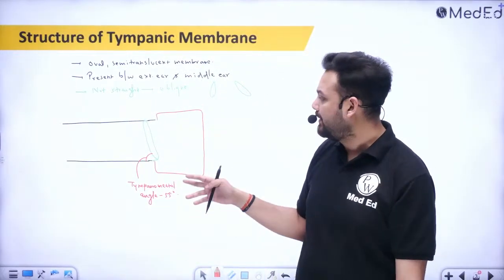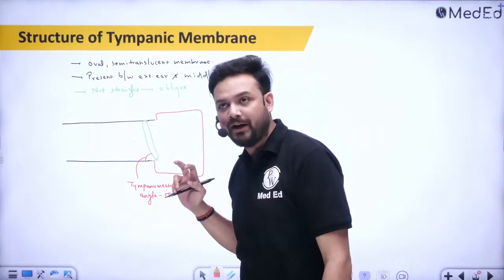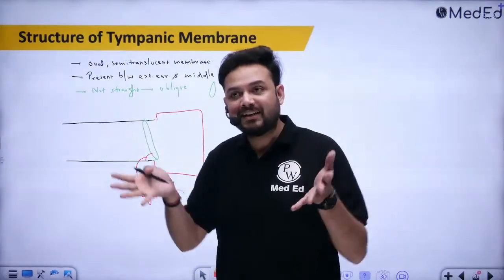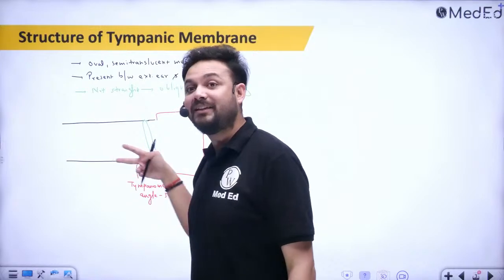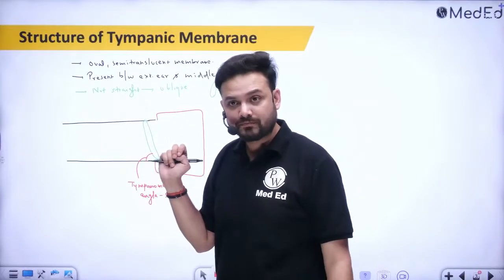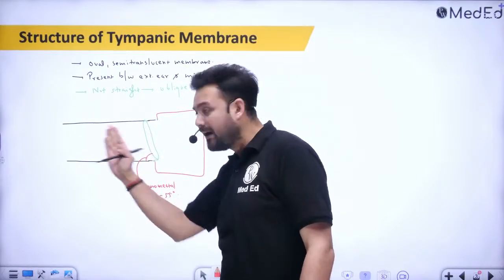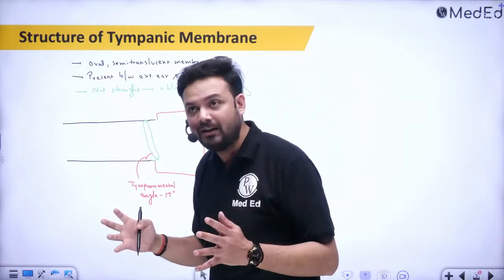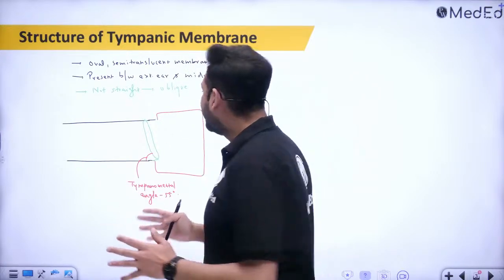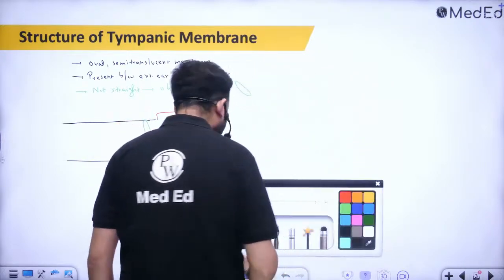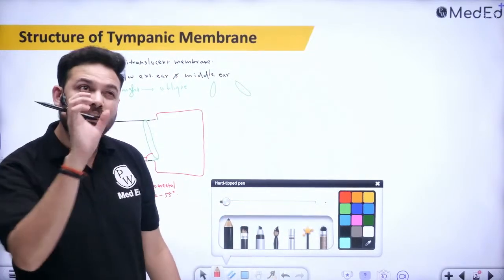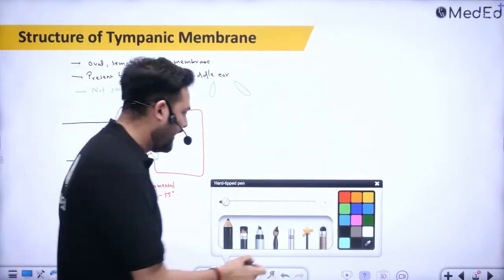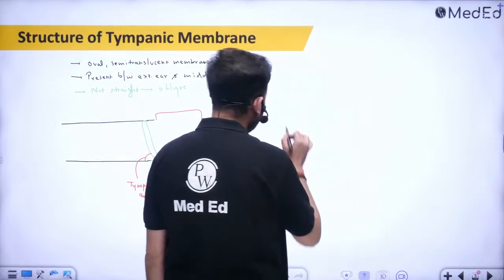Let's take out this tympanic membrane and see where exactly it is present. I told you your external auditory canal is inside the tympanic part of temporal bone. Correct? So what happens is that when you look inside the terminal part, or the last part, of this external auditory canal, it has got a sulcus.